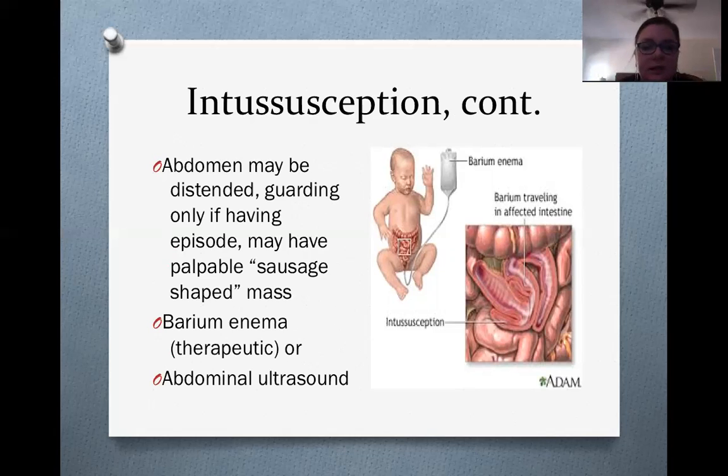And that also is diagnostic too. So they can actually see it happening on x-ray while they're doing the barium enema. Abdominal ultrasounds are also helpful in diagnosing intussusception.